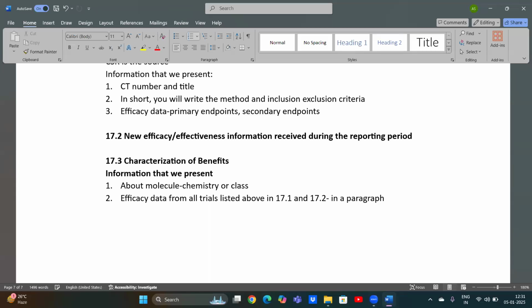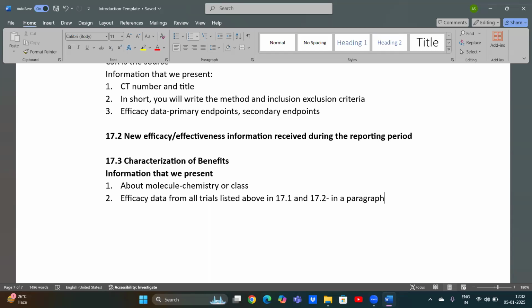Based on that, you will give a conclusion: based on comprehensive analysis and assessment of all new efficacy information during the reporting period, no changes were made to the summary of efficacy information, and this drug has been found to be beneficial in this indication. Simple. It is a simple section.